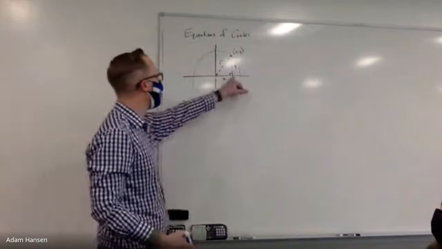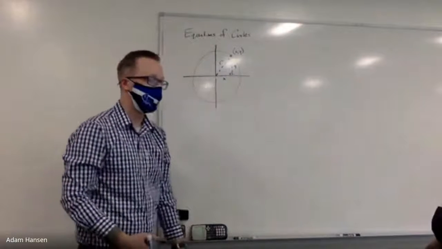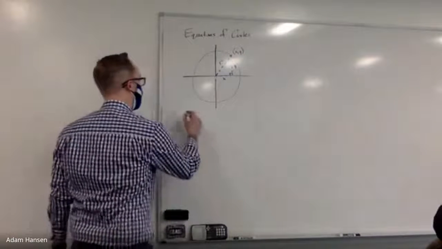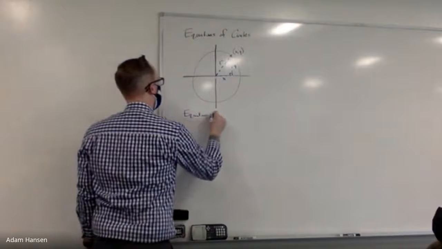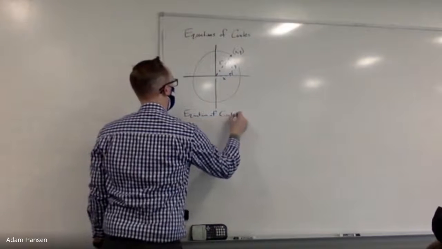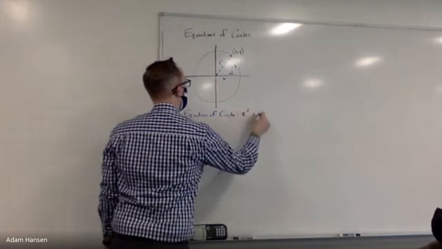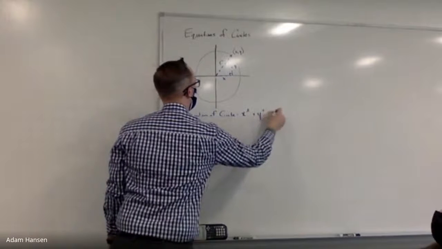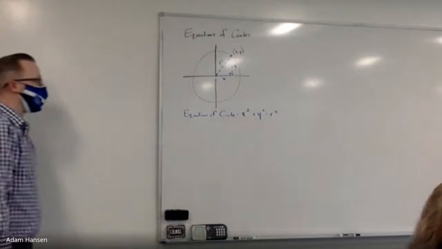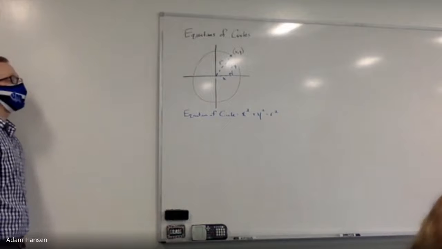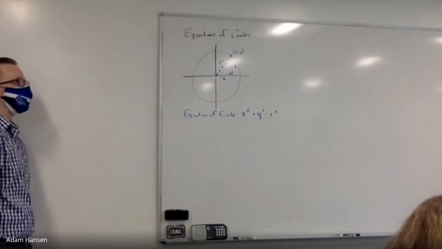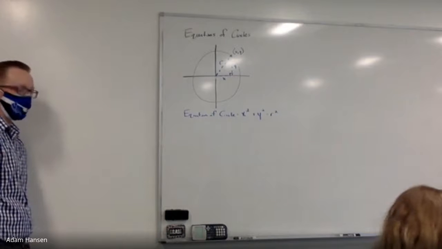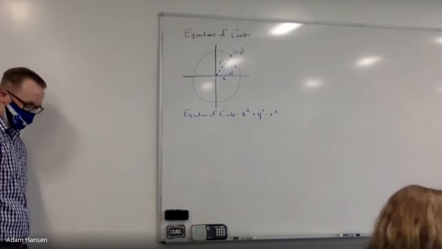Let's use these three side legs, x, y, and r, with Pythagorean's theorem. In the equation of a circle, everything is squared because we're representing that circle using a right triangle. Pythagorean's theorem, x squared plus y squared equals r squared.